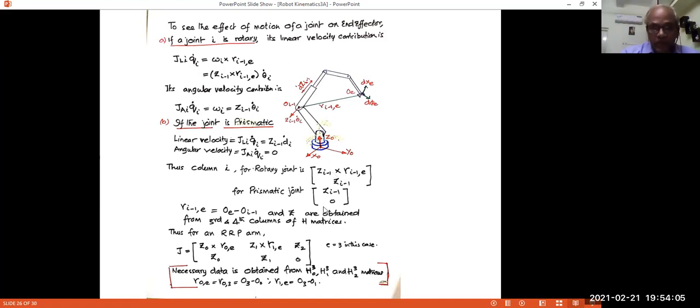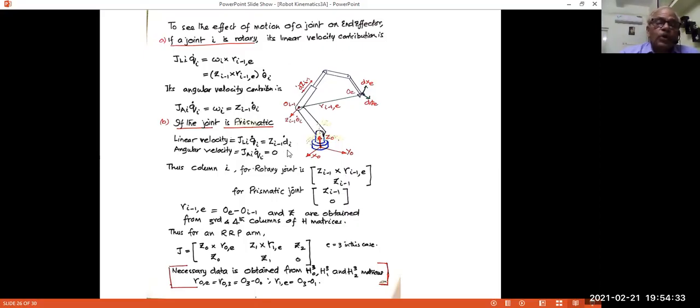Suppose it's a prismatic joint. If it is moving like this, the endpoint, being on a rigid frame, also will move along like this only. So it will be the same as this velocity, which is nothing but d dot, where d is the change in displacement and d dot is the velocity, in the z_(i-1) vector direction.